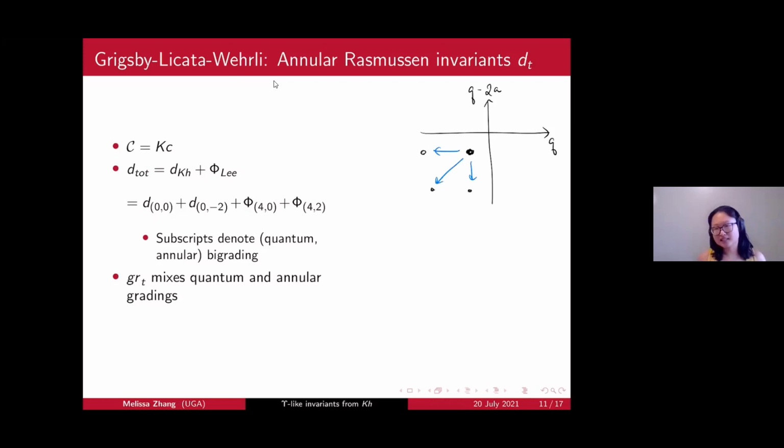So you can imagine this is just one generator's differential. But if you put a bunch of these together, now you can do that same trick as before, which is let's take our differently sloped boundaries of filtration levels and try to measure the things that survive Lee's spectral sequence. So this is how you define these numerical invariants d_t, one for each t.